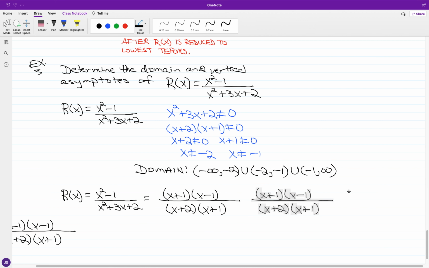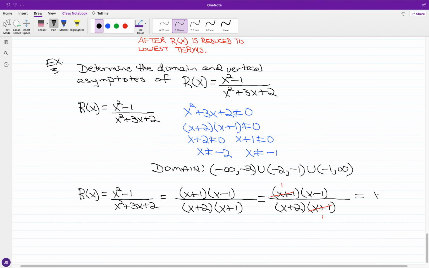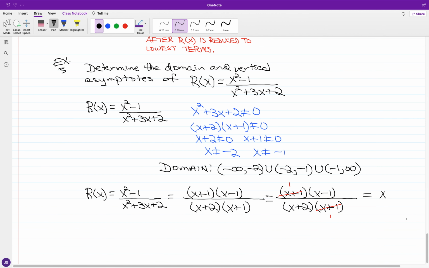I'm duplicating this for a reason. If you notice, you have a common factor of x plus 1 at the top and bottom, so these go out. The completely reduced form is x minus 1 all over x plus 2. So x plus 1 cancels.